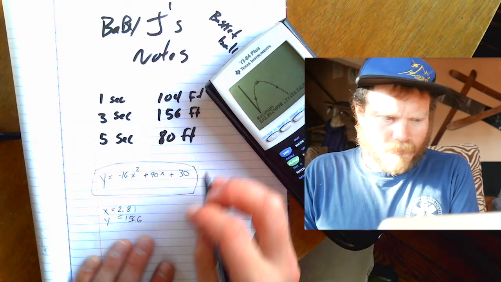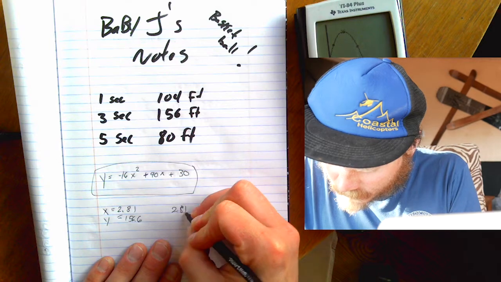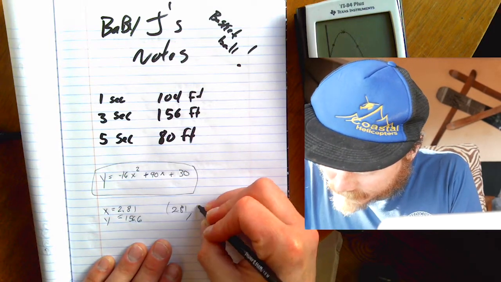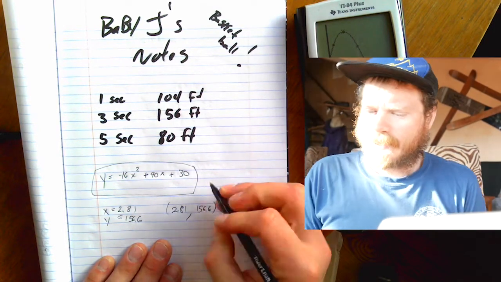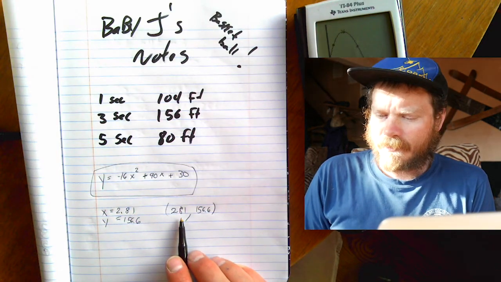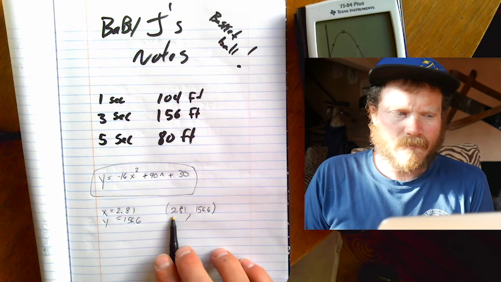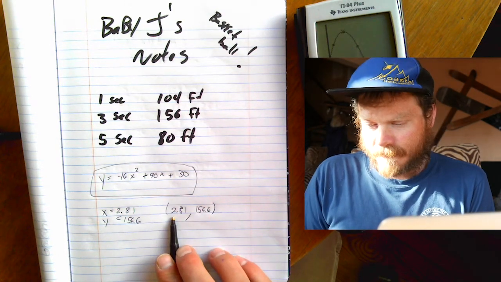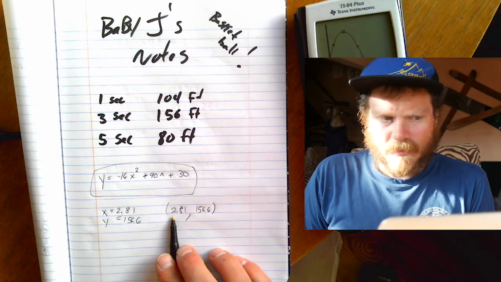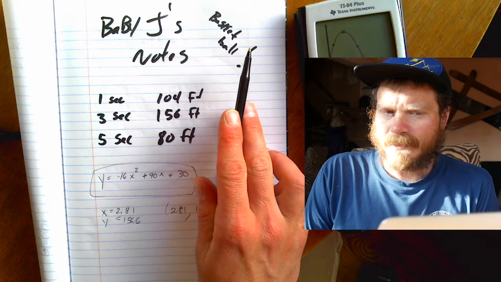So we know at the point 2.81, 156.6 that the chicken has stopped moving and is going to turn down now. It got to a maximum height of 156.6, and it took 2.81 seconds to get there, which goes along with the notes that Baby J took, basketball.